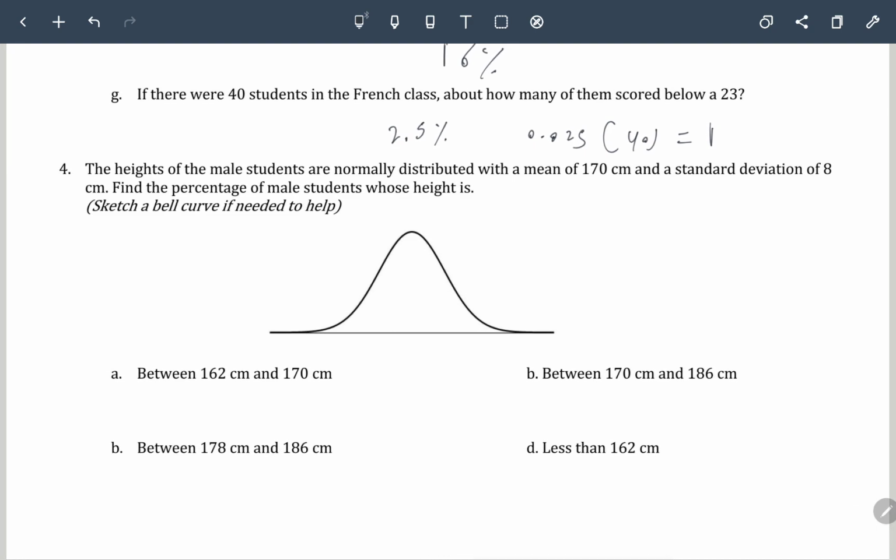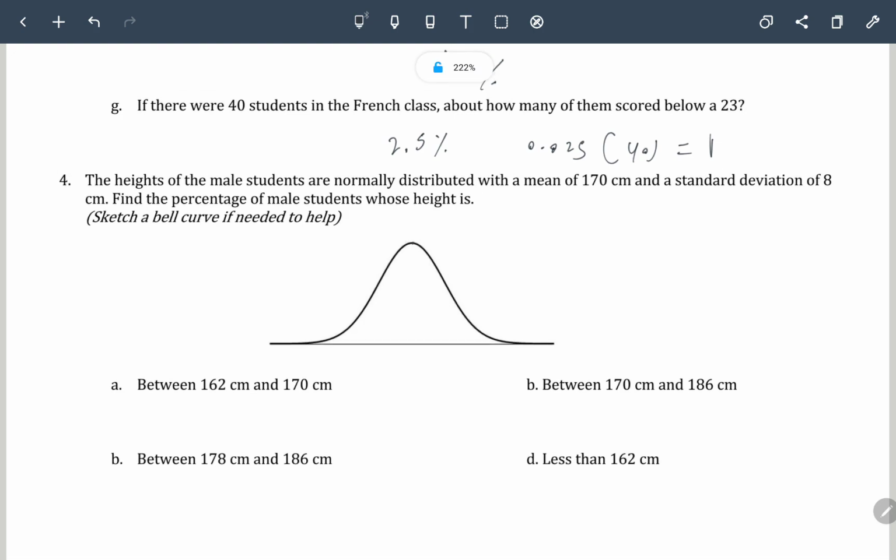Now, the height of male students is normally distributed with a mean of 170. Instantly plotted 170. Standard deviation of 8. We're going to plot that 178, right? And then we're going to keep plotting that until this is filled up.